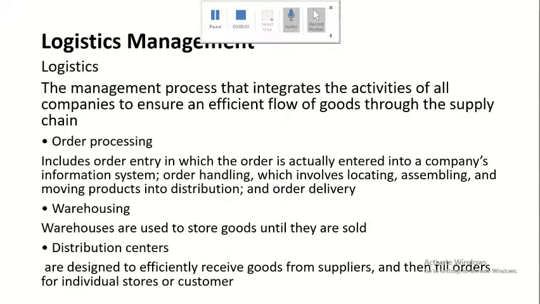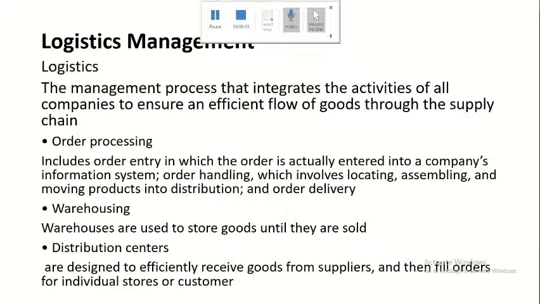And the next is logistic management. Logistic management is the process that integrates the activity of all companies to ensure an efficient flow of goods through the supply chain. The first step of logistic management is order processing, which includes order entry, in which the order is actually entered into a company information system.